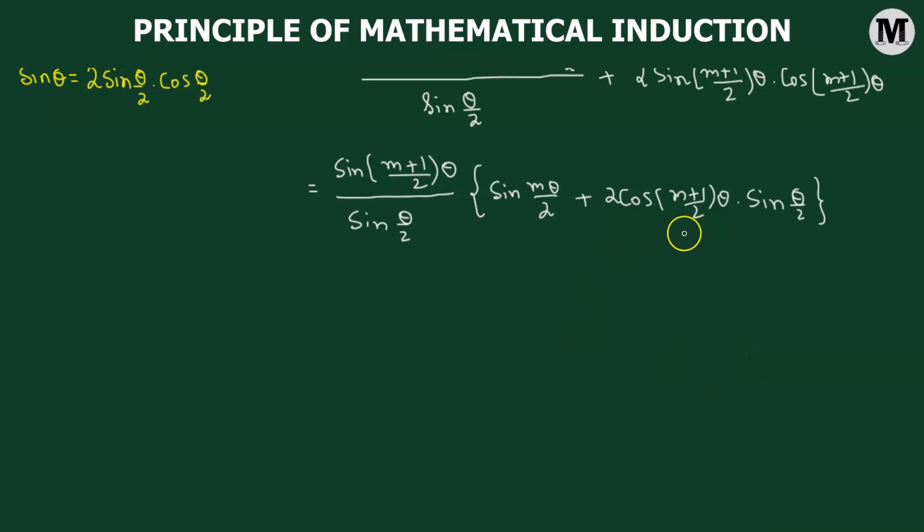Now here, we are going to simplify this second term. So here, we're going to apply the formula. Whenever we have 2 times cosine of some angle A multiplied to sine of some angle B, this is simply given by sine of the angle A plus B minus sine of the angle A minus B. So we're going to use this particular formula to expand the second term.